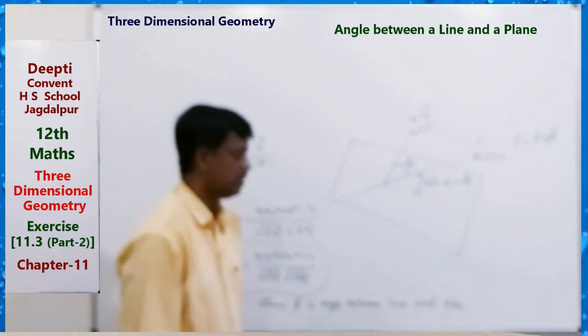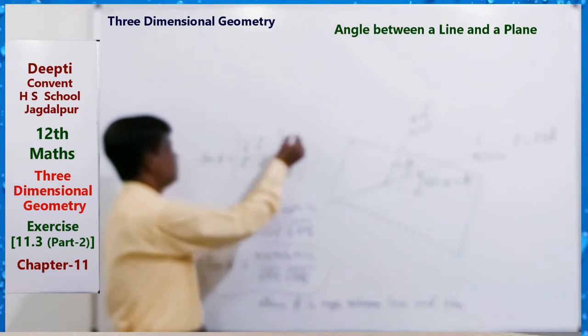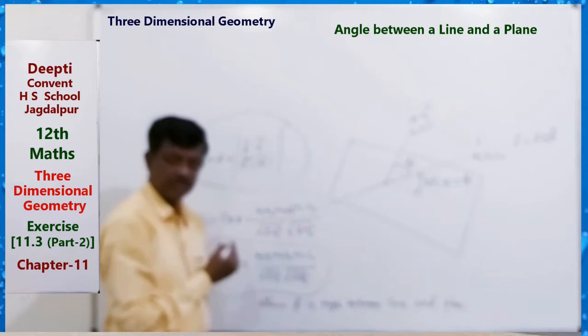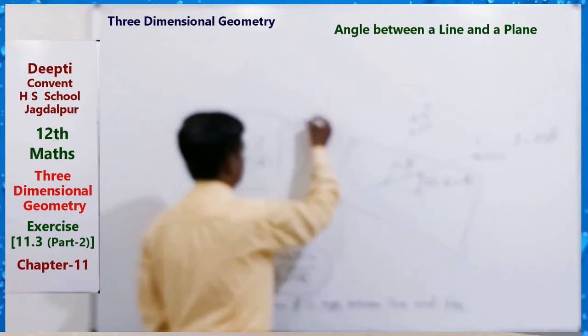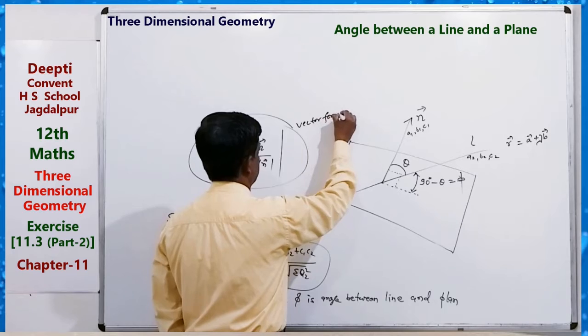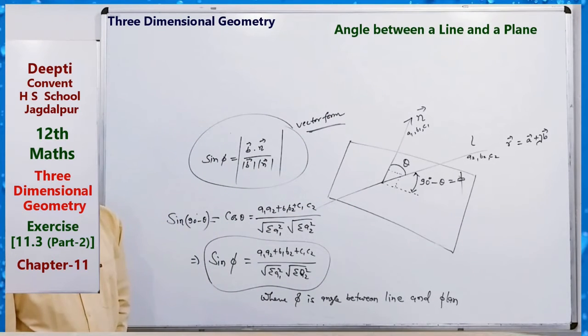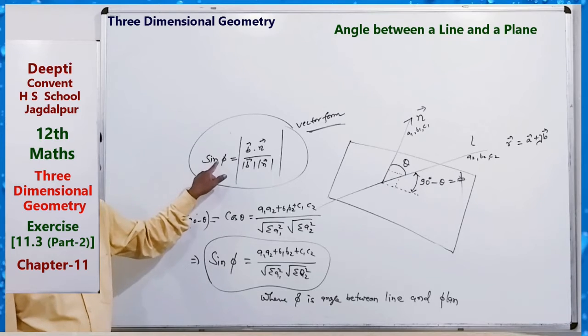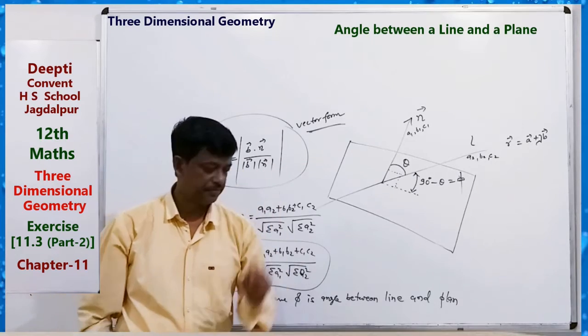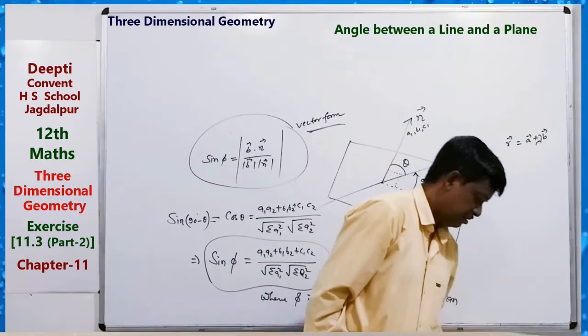We take the modulus sign because it is an acute angle. Clear? Phi is the angle between line and plane. Okay?